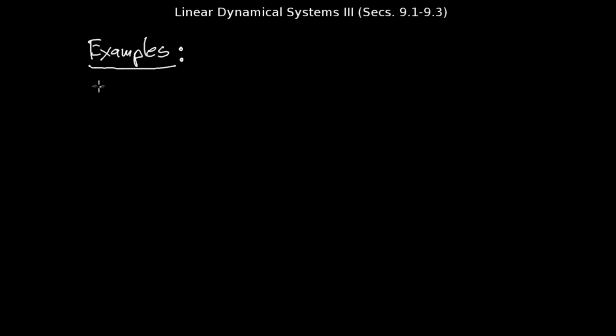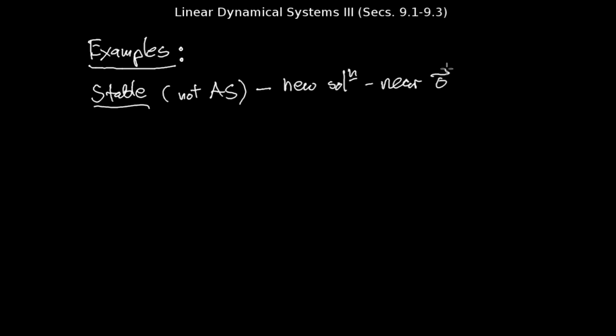Well, okay, let's look next at an example which is stable, but not asymptotically stable. To say that it's stable means that the new solution stays near 0, but if it's not asymptotically stable, it doesn't go to 0. So how can that be? How can it stay near it but not actually approach it? Well, there's basically only one way, and that's because the solutions are circles.